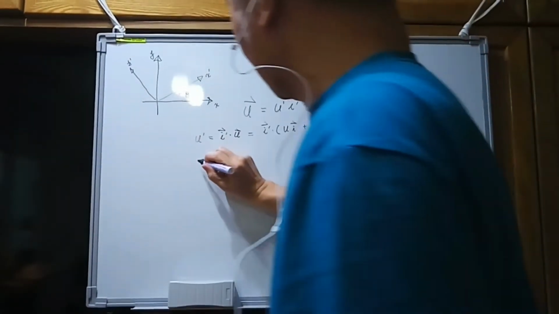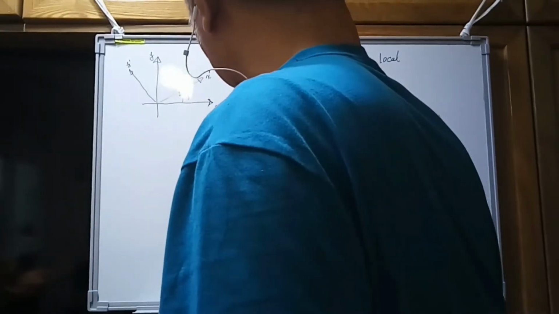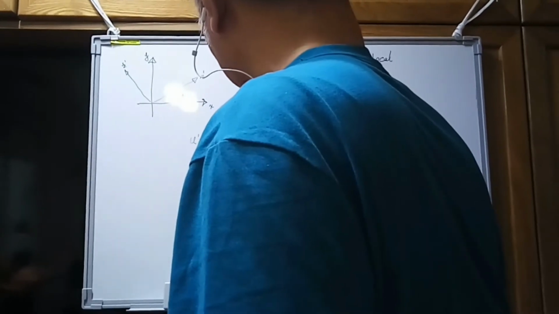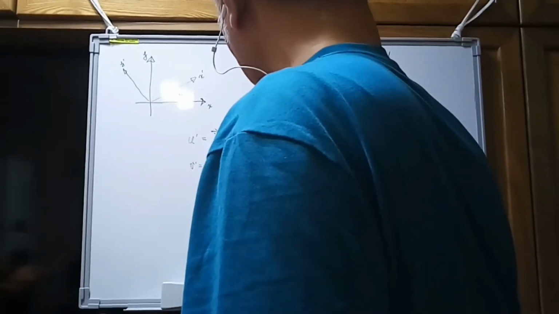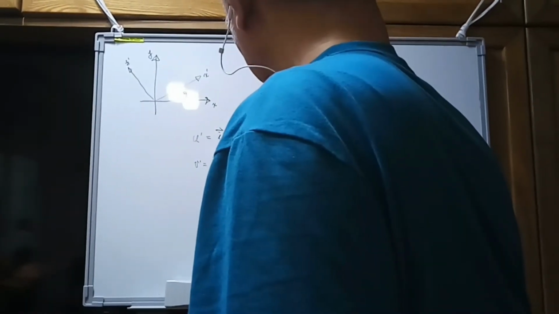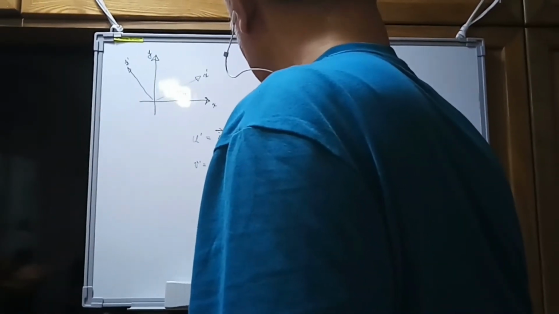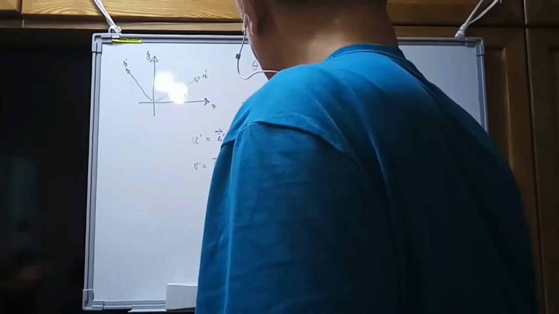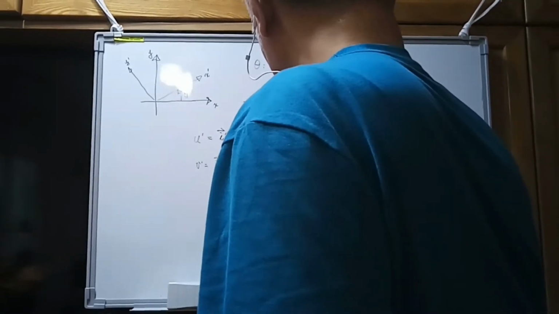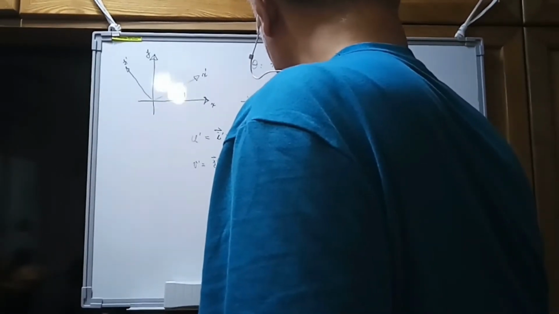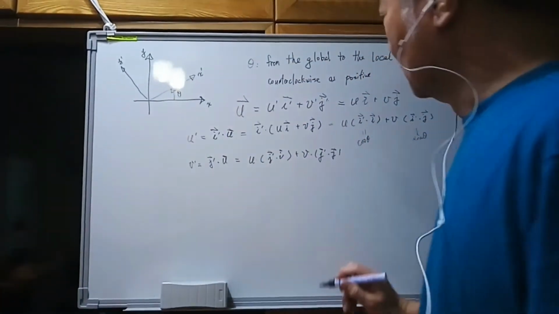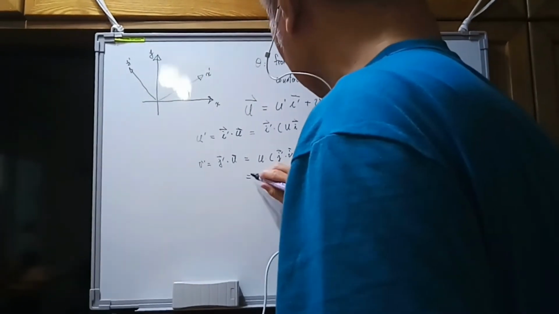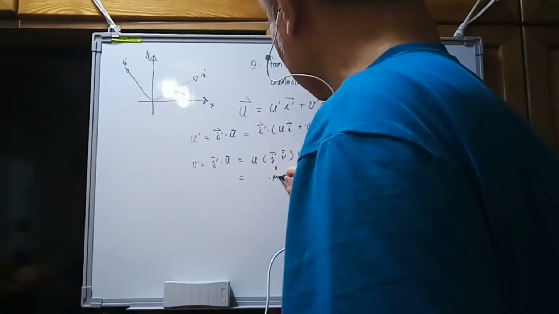Okay, also we can calculate the v prime, which is j prime dot u, and it will be u times j prime dot i plus v times j prime dot j. This one will be the negative sine theta.